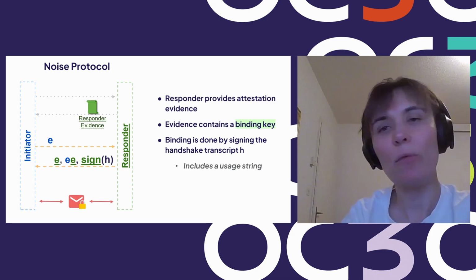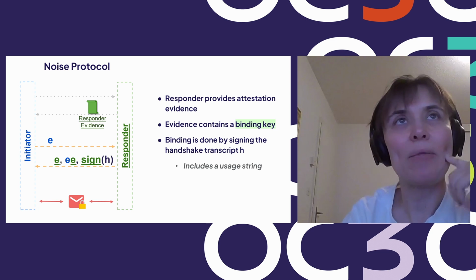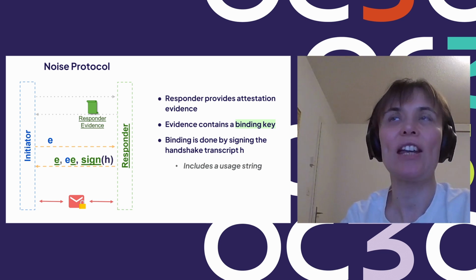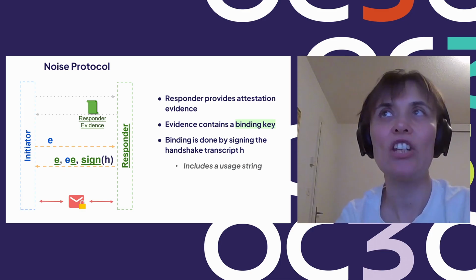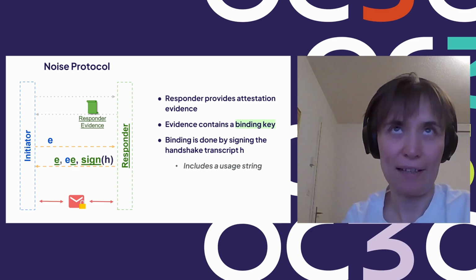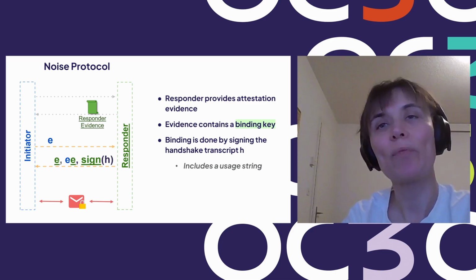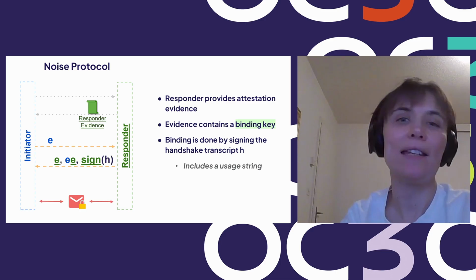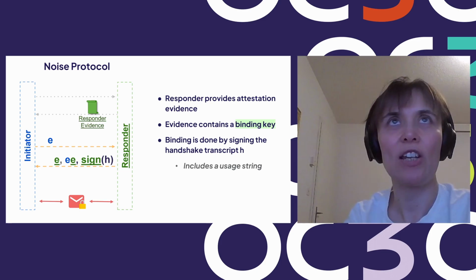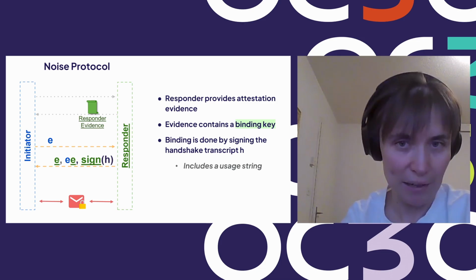And then we perform the noise N handshake as usual. And at the end of that handshake, we get the shared handshake hash, which both initiator and the responder will possess. So what we do now is we sign this handshake with this binding key, allowing the initiator to establish that the attestation and the handshake happened with the same party.